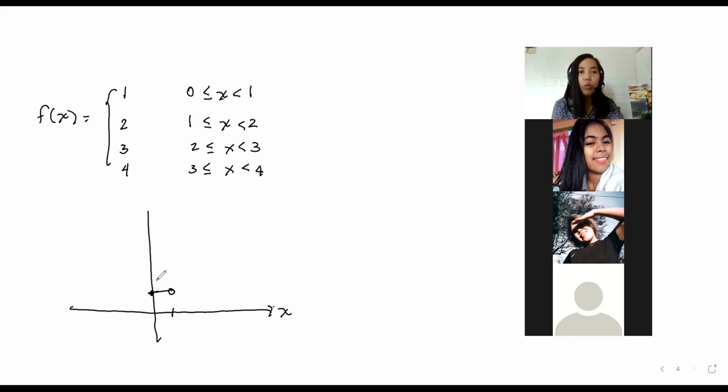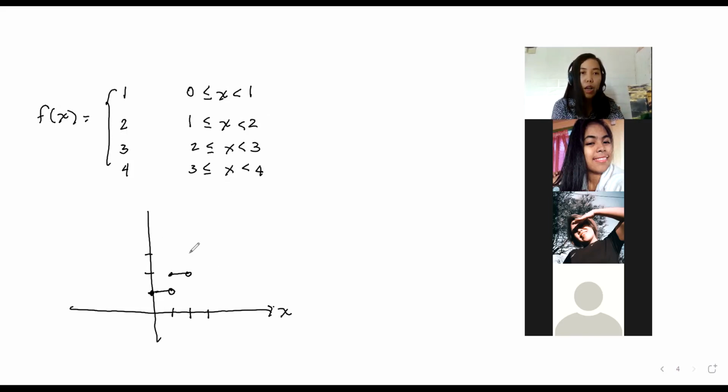Next, y is 2. The value of x is between 1 and 2. So it's close to 1. Open to 2. Kasi nasa pagitan nitong dalawang 2 eh. Okay, y is 3 if the value of x is between 2 to 3.